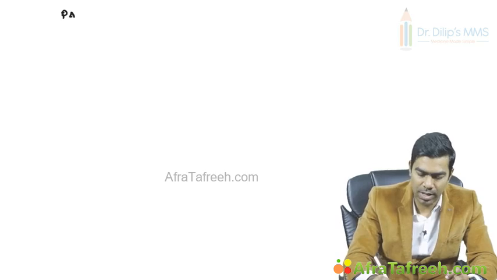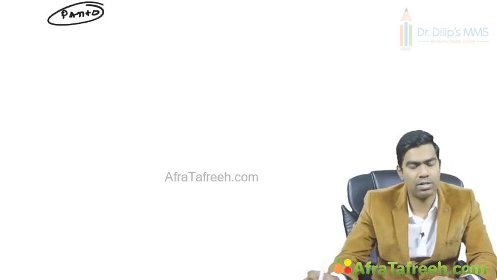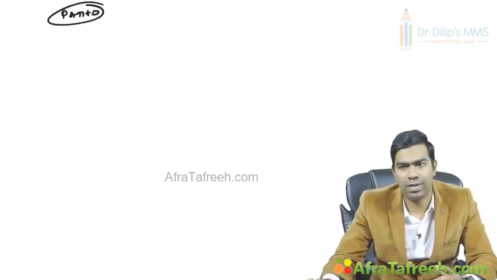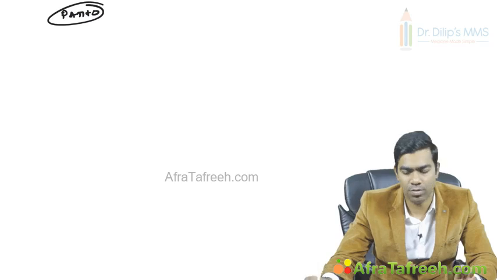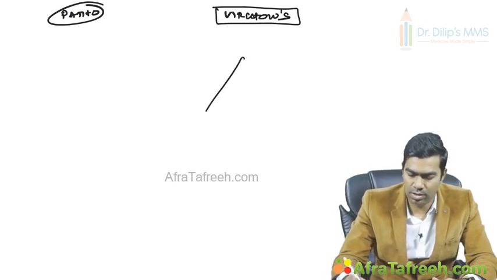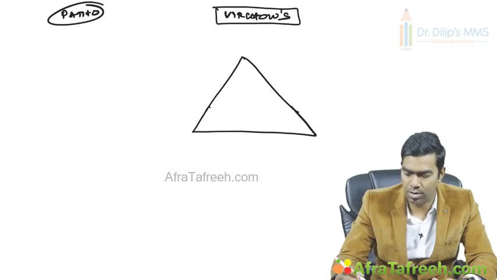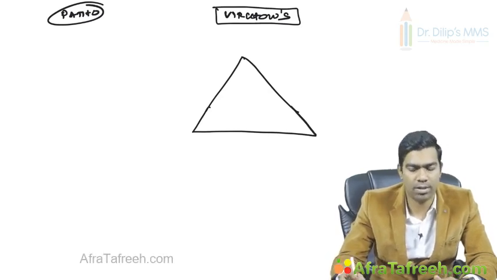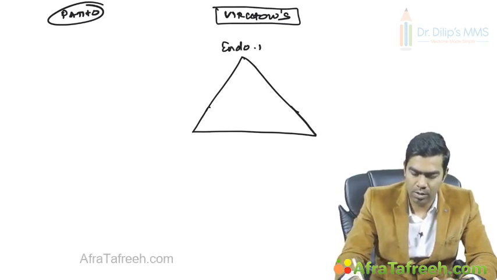Now let us see the pathophysiology of the entire venous thromboembolism. Pathophysiology of entire venous thromboembolism is going to be relatively simple because we are going to deal with your Virchow's triad. So what Virchow's triad is going to tell you is 3 components. We know that already right from the second year. You have endothelial injury or endothelial damage.